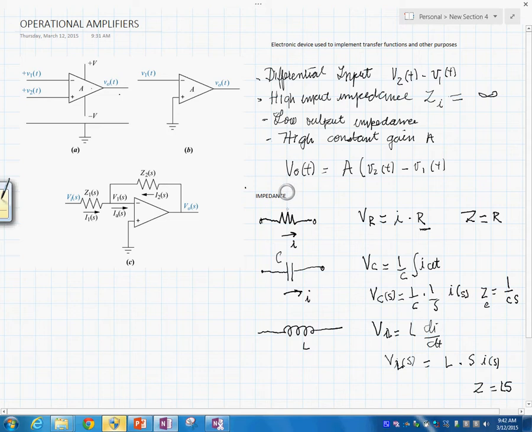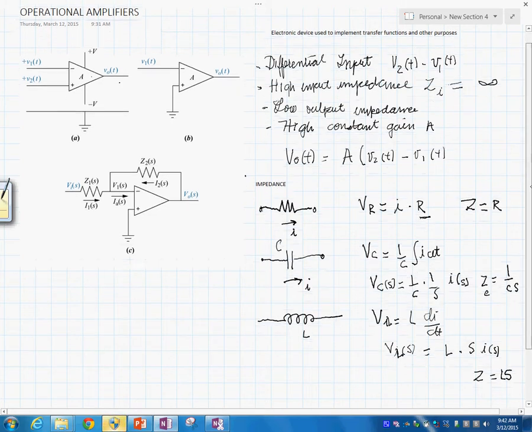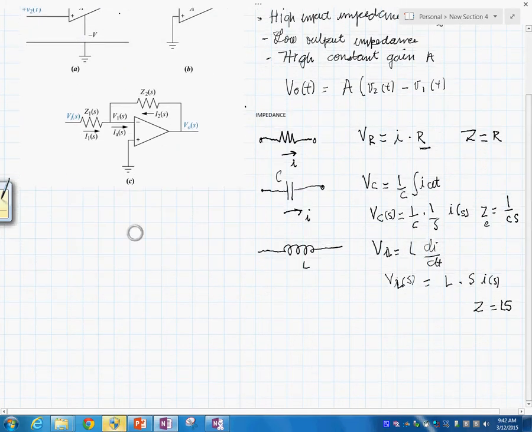What I'm trying to say is for these devices, you can write it also in terms as if they would be resistors, see?